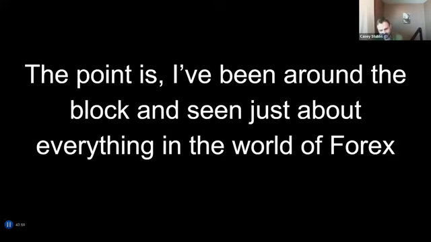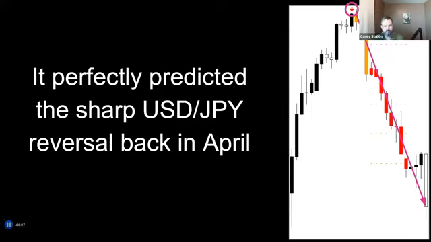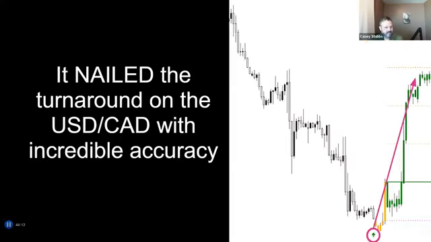The point is, I've been around the block and seen just about everything in the world of Forex, but nothing I've ever encountered comes close to the tipping point indicator. It perfectly predicted the sharp USD yen reversal back in April. And it nailed the turnaround on the USD CAD with incredible accuracy.